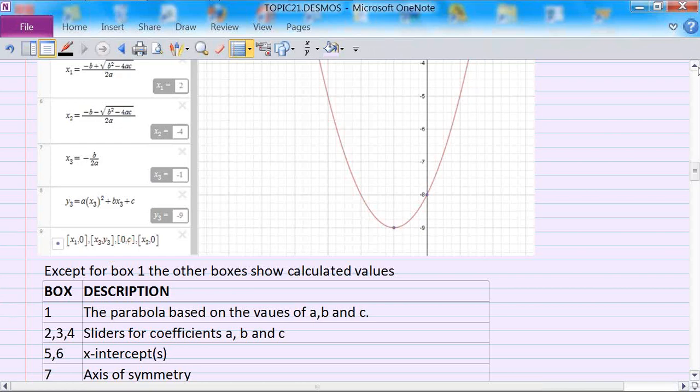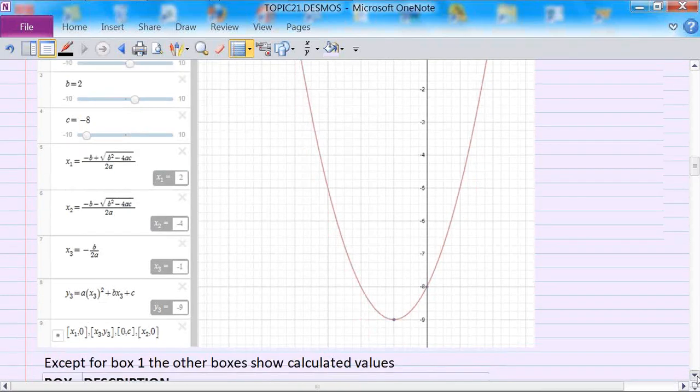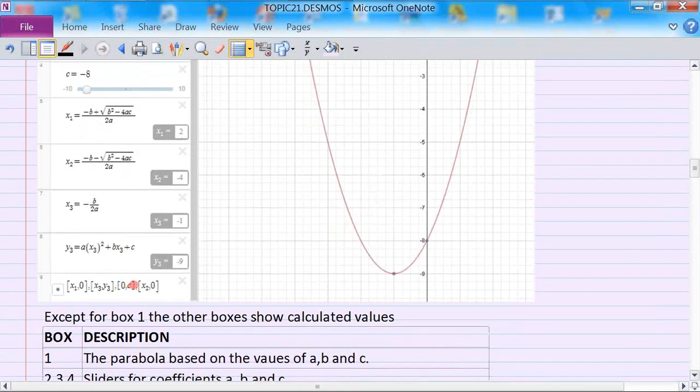Now I know what C is. C is minus 8. So the y-intercept right here is 0, comma, minus 8. I get that point because I put this in here.